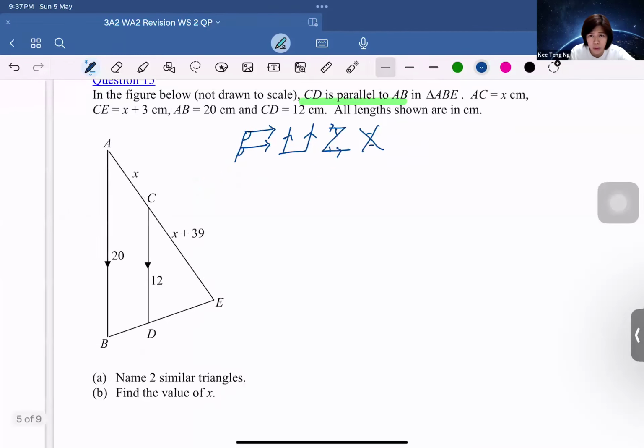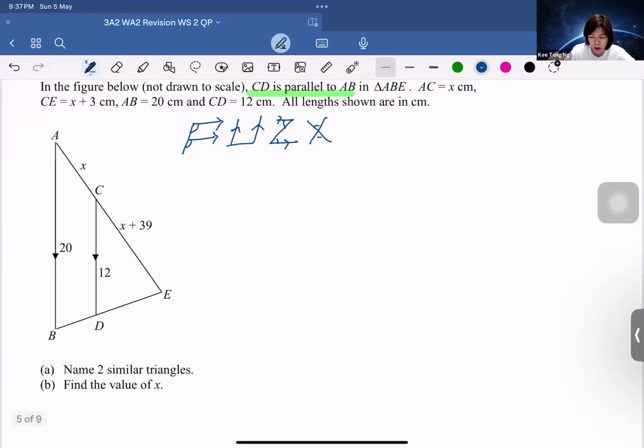So in this case, when CD is parallel to AB, you can see that you have a pair of matching sides, CD with AB. Immediately, we have the numbers 12 and 20. A pair of ratio already appears. If they are parallel, that means angle A equals angle C, angle B equals angle D, and angle E is a common angle.